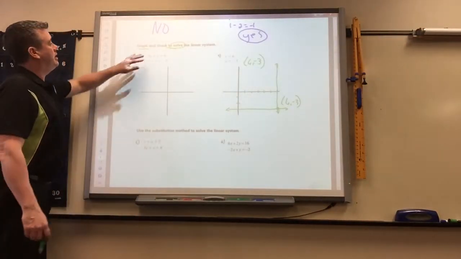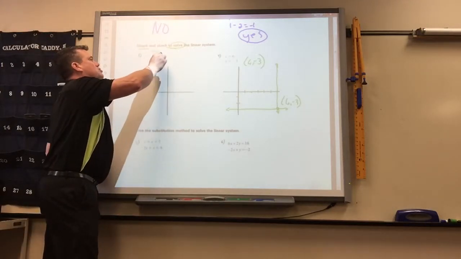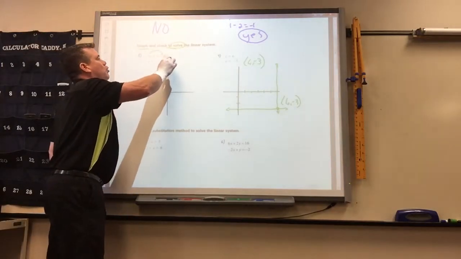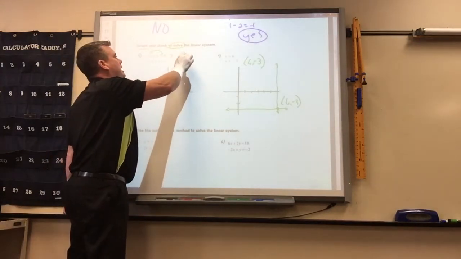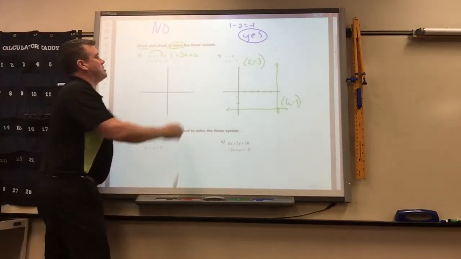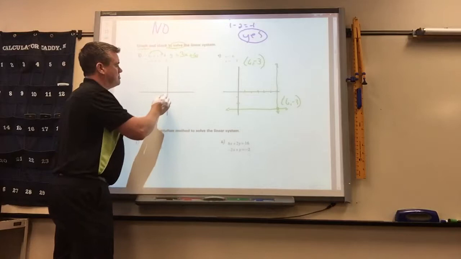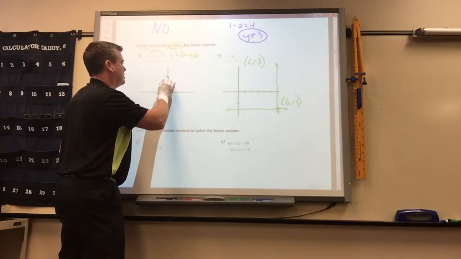Now, this one, in order to graph, it's easiest if you get the y by itself. So move that over, and it would be y equals, remember, just change the signs from negative to positive 3x plus 6. So that one crosses at 6. I'm just going to make my own lines on here.